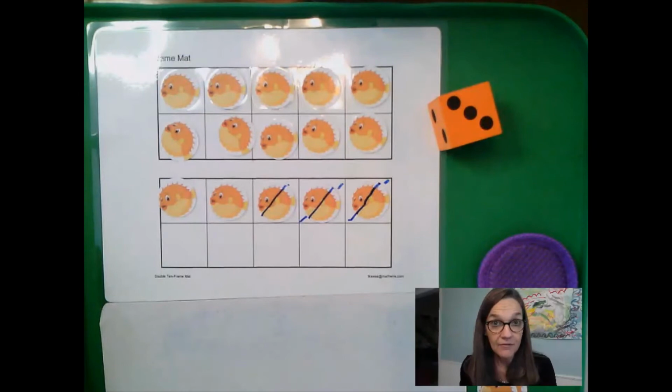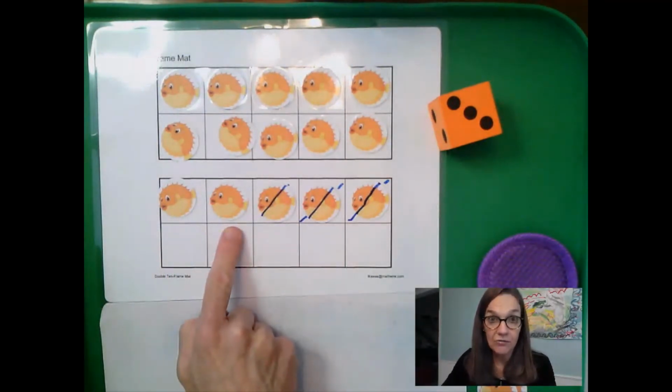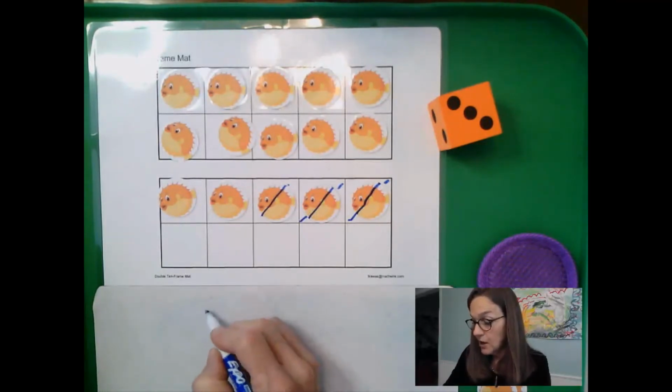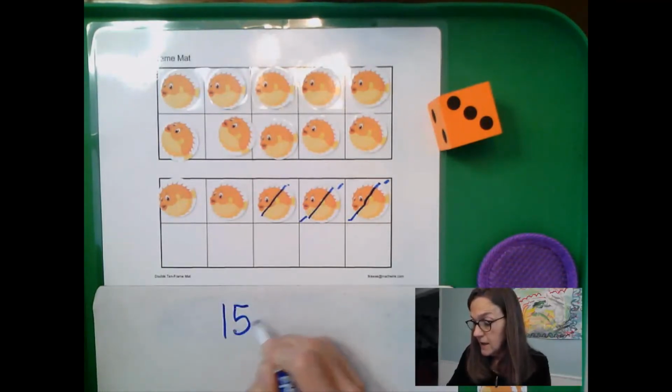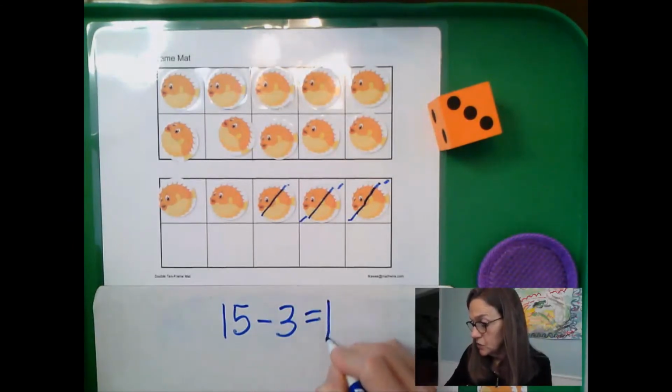How many are left? 10, 11, 12. Okay, you still can write the subtraction problem. 15 minus 3 equals 12.